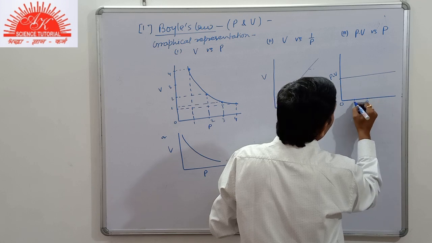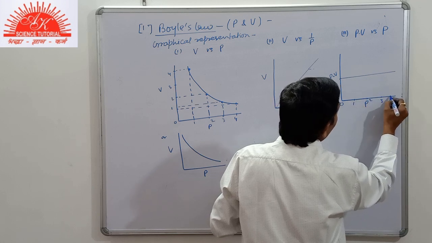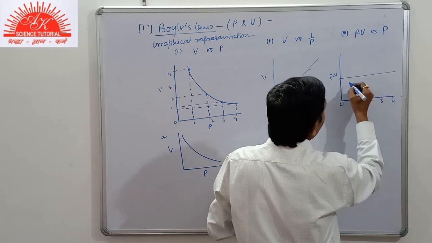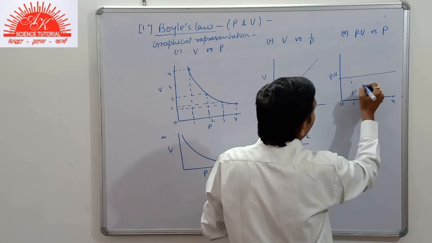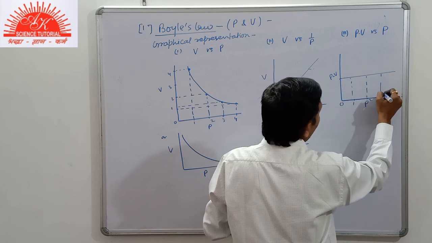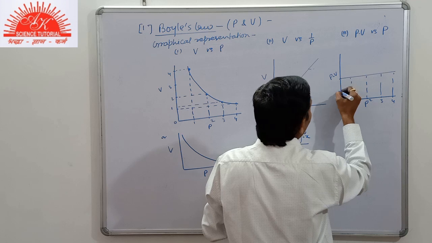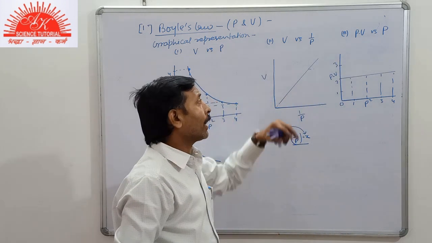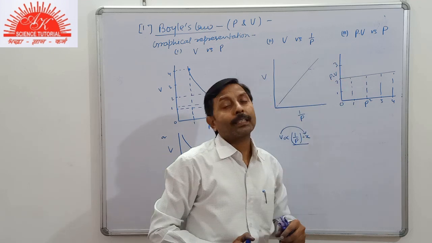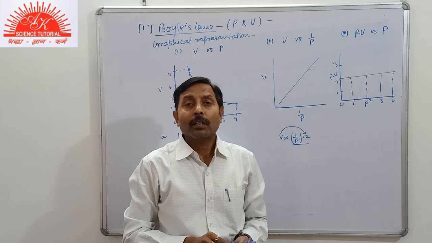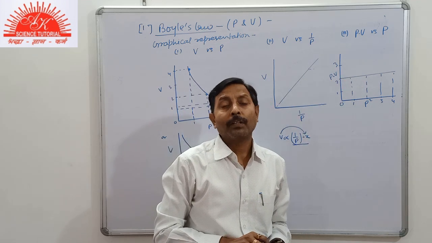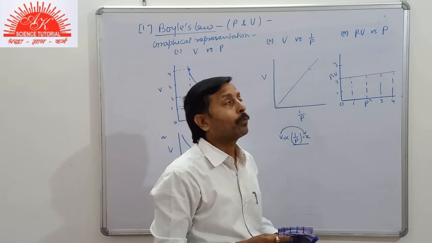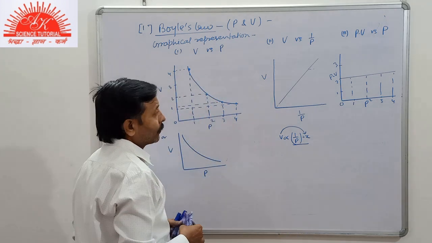Even if the pressure is changing, its value is not changing. Suppose whatever may be the value 1, 2, 3 and so on. So the graph will be parallel to x-axis. So these are the three types of graph representing the relationship between volume and pressure.